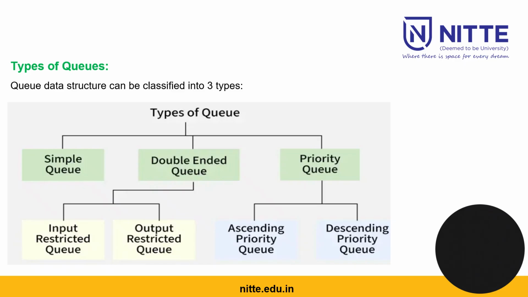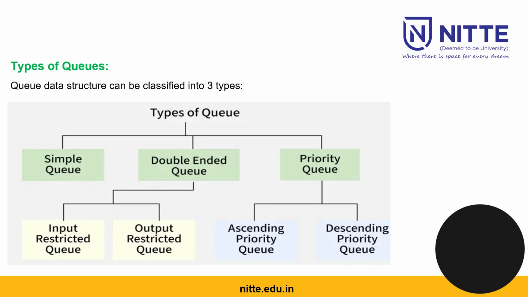The double-ended queue again has two types, input restricted queue and output restricted queue. In the same way, priority queue also has two types, an ascending priority queue and a descending priority queue.